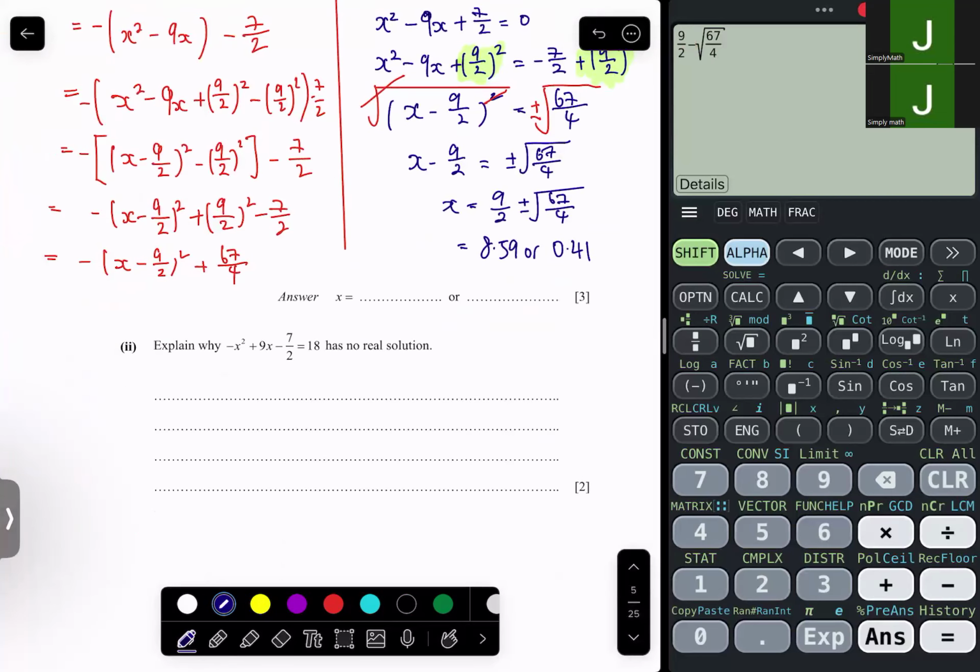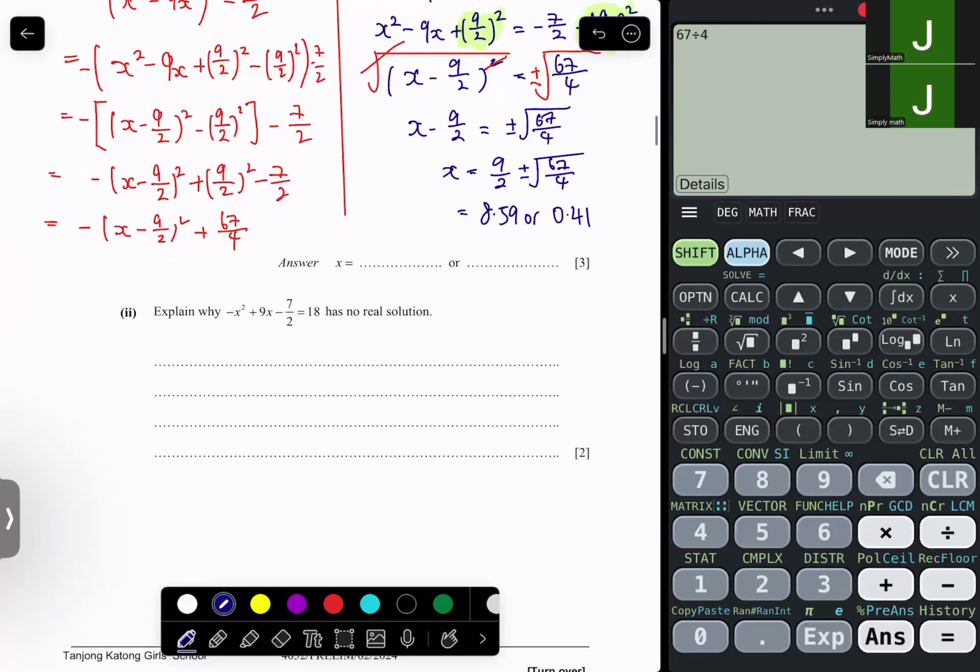Explain why the equation equals to 18 has no real solution. So here comes the question. 67 divided by 4 is 16.75. Now, why did I do that?